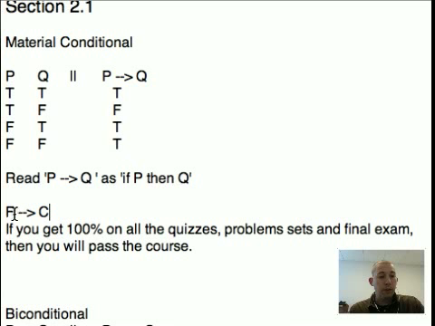So F is the sentence, you getting 100% on all the quizzes, problem sets, and final exam, and C is the sentence, you will pass the course. The arrow specifies the relationship between these two sentences, namely that if F, then C, you will pass the course.